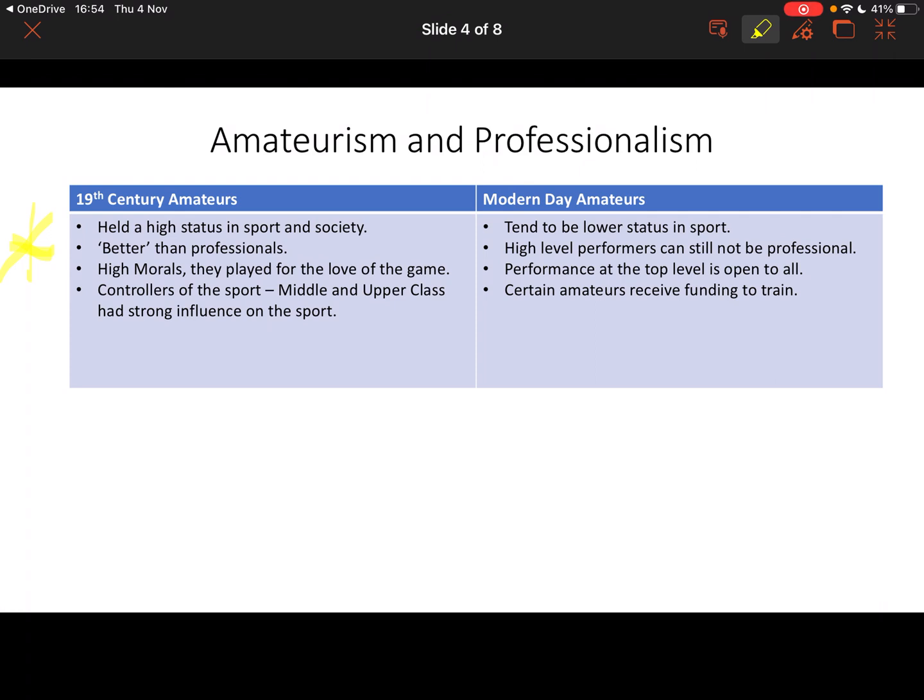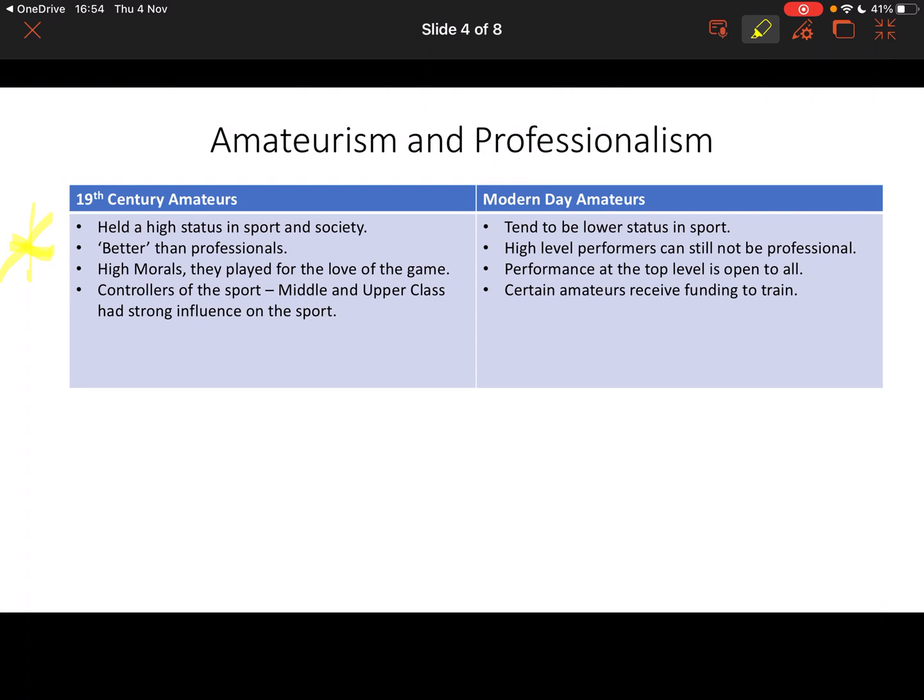But the main ones, looking out for the 19th century amateurs, they were the main controllers of sport. They were the ones who were the highest status in society because they were from upper class, and therefore they dictated a lot of the sporting authorities. Remember from last year, it was the emerging middle class that codified the laws of the game and eventually created the national governing bodies that still exist to this day for some.